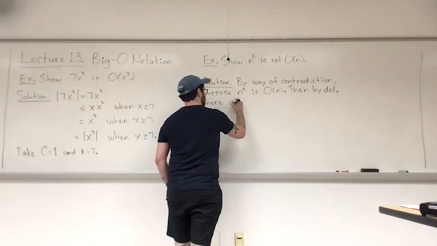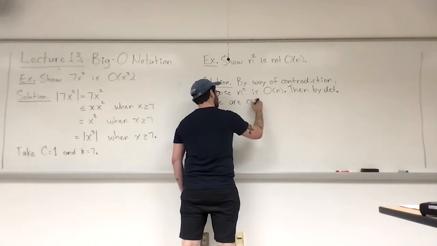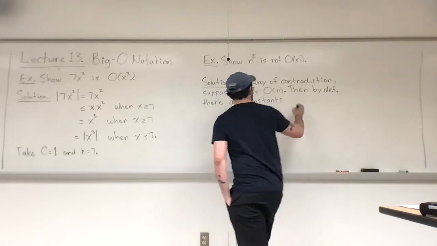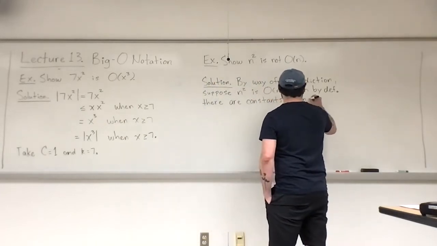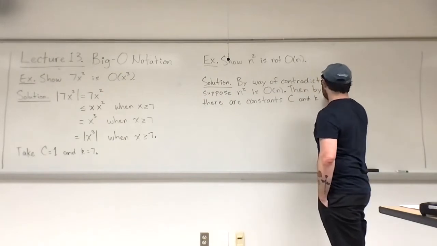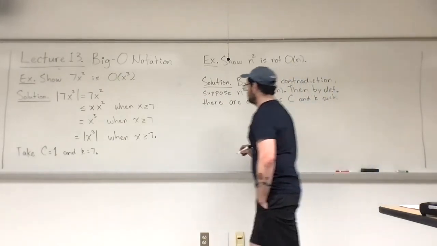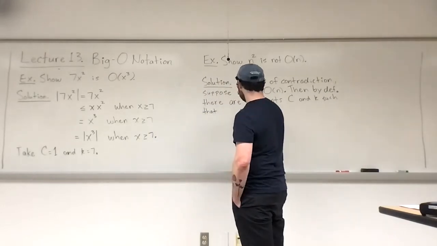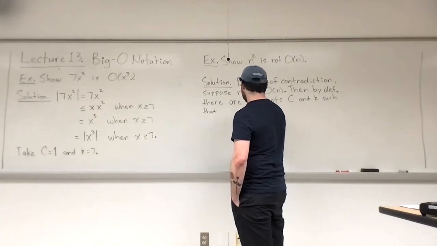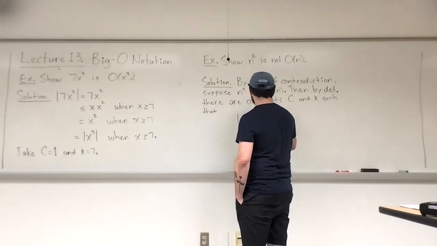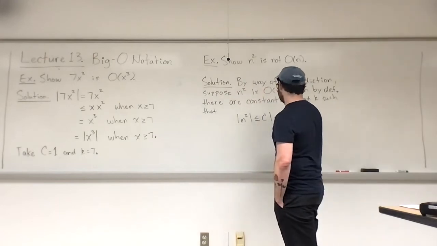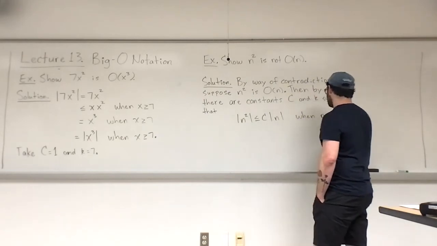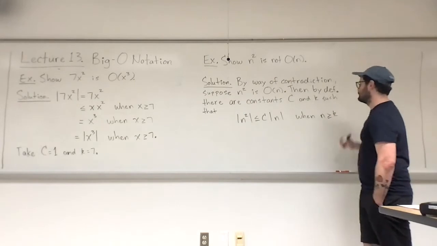So then by definition, there are constants capital C and lowercase k such that the absolute value of n squared is at most C times the absolute value of n when n is greater than or equal to k.